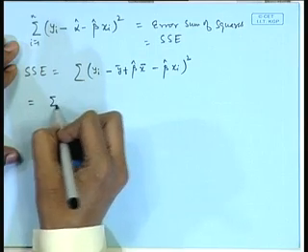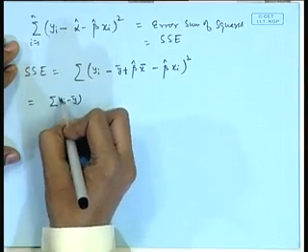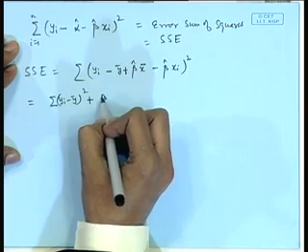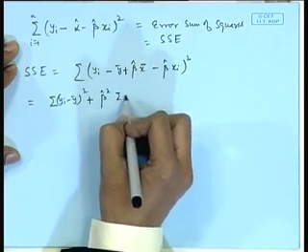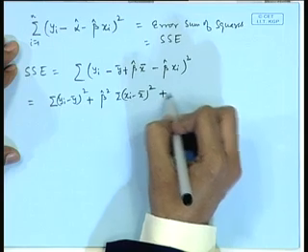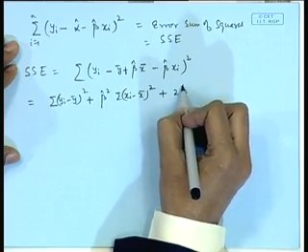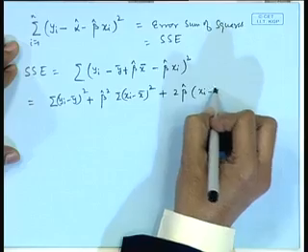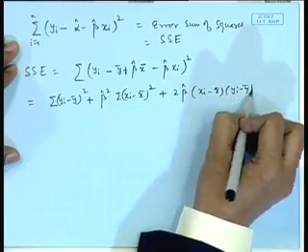That is equal to sigma (yi minus y bar) whole square plus beta hat square sigma (xi minus x bar) whole square minus twice beta hat sigma (xi minus x bar)(yi minus y bar).